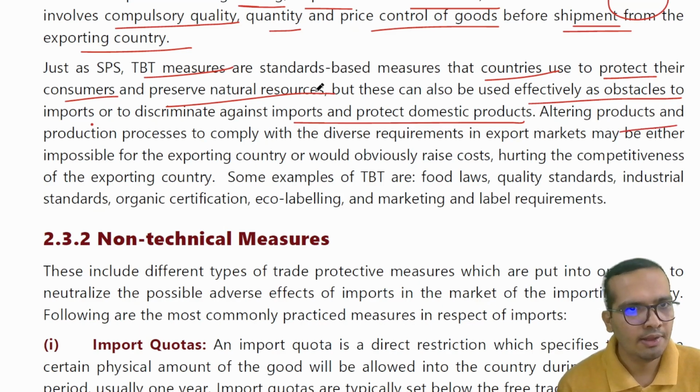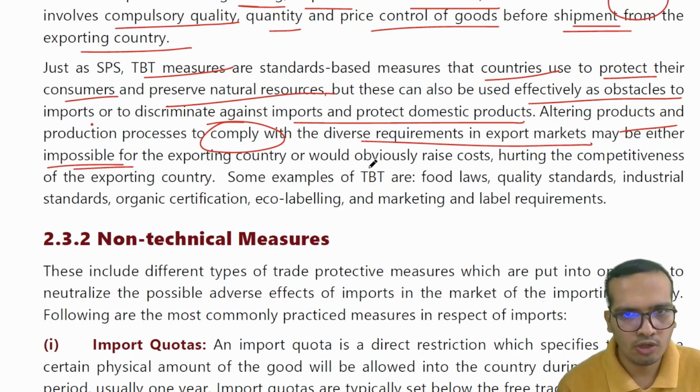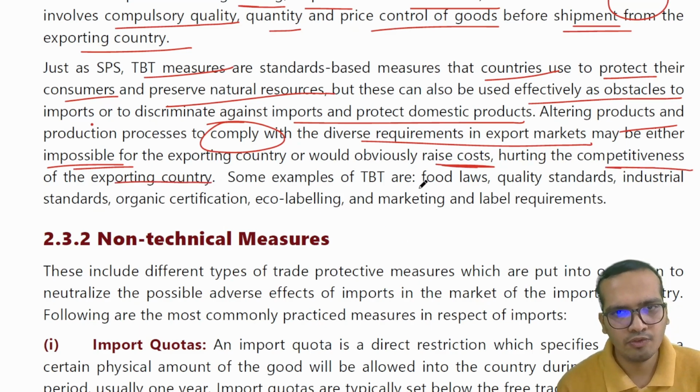Altering products and production processes to comply with the diverse requirements in export markets may be either impossible for the exporting countries or would obviously raise costs, hurting their competitiveness. Examples of TBTs are food laws, quality standards, industrial standards, organic certification, eco-labeling, and marketing and label requirements.